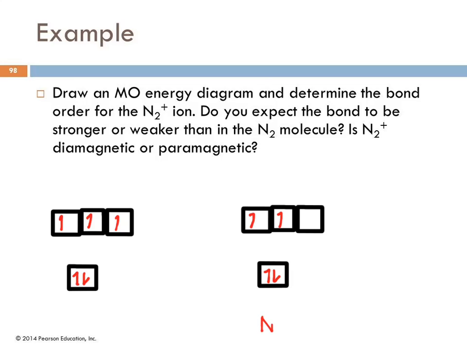So this is N plus, and this is N. And this is the 2s orbital, and this is the 2p orbital. Now, these are the atomic orbitals, right? Atomic orbitals over here and over here. And then in between, we're going to put the molecular orbitals, and I'm going to hope I can fit them in.